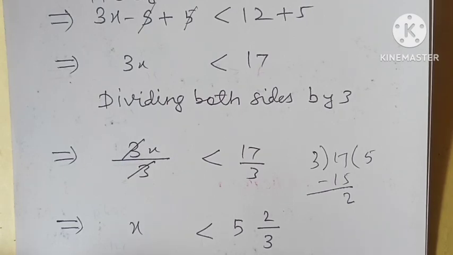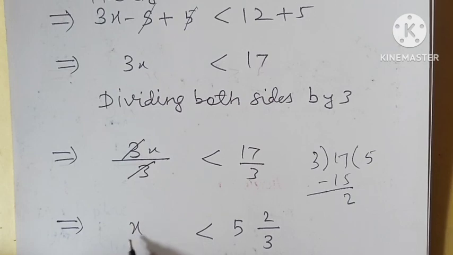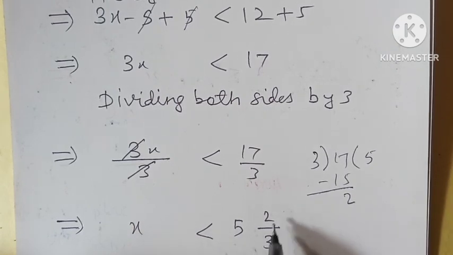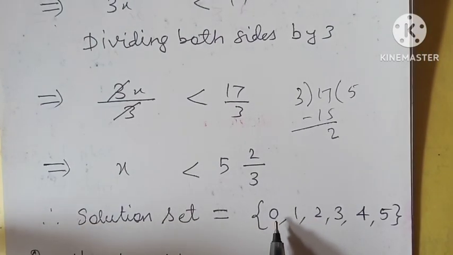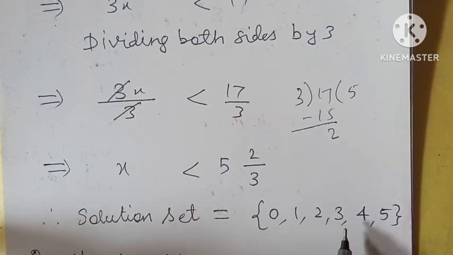Now it is given the replacement set is the set of whole numbers, that is counting numbers together with 0, so whole numbers less than 5 and 2 by 3 are 0, 1, 2, 3, 4, 5.